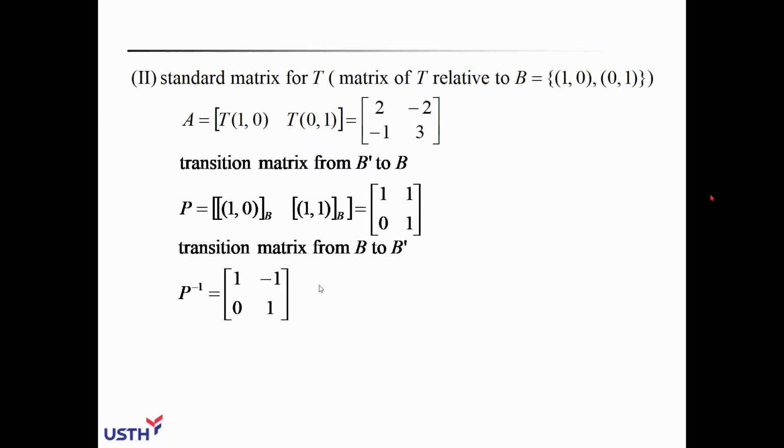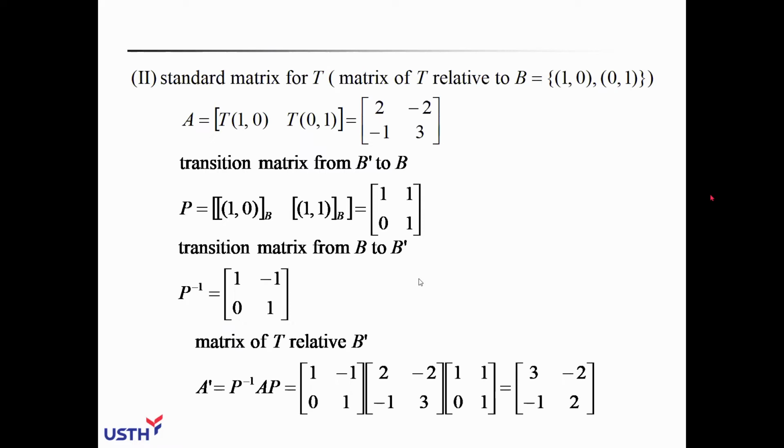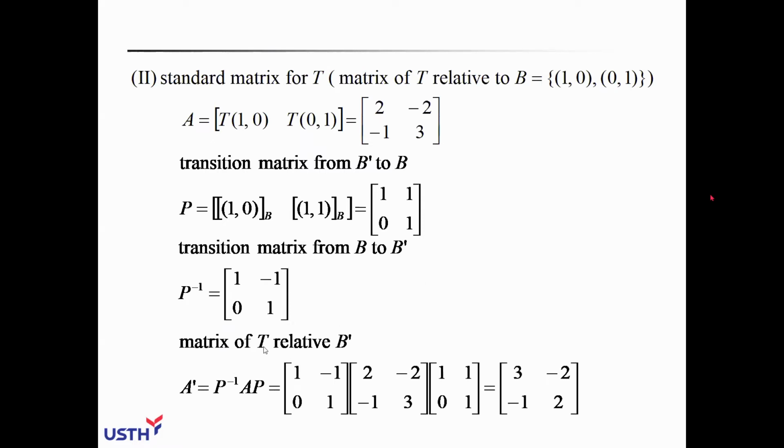Then finally, it is very easy to find that P inverse to be that one, or it is the transition matrix from B into B prime to be that one. Then the matrix of T relative to B prime will be, now we only need to apply that formula. A prime equals P inverse multiplied by A multiplied by P. We get that one.